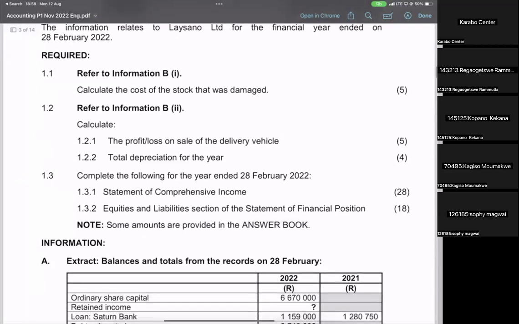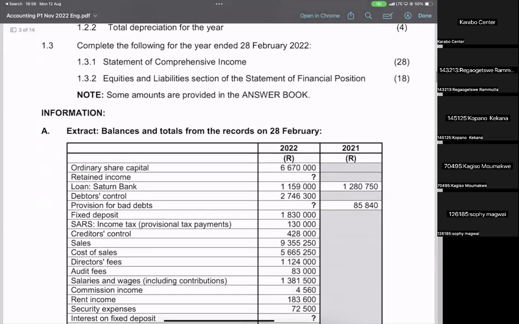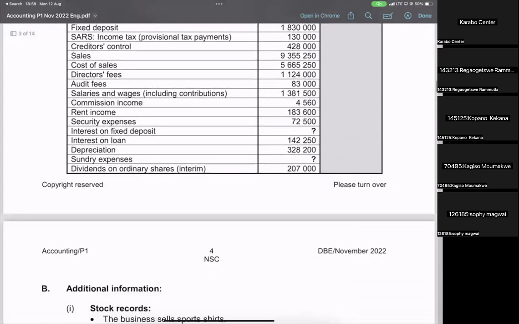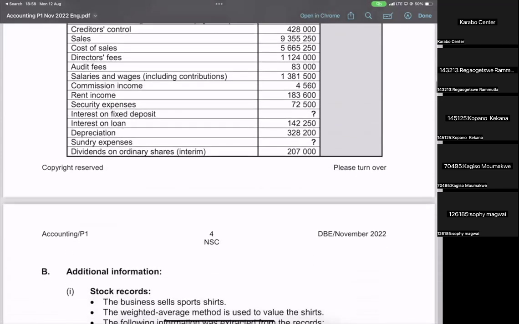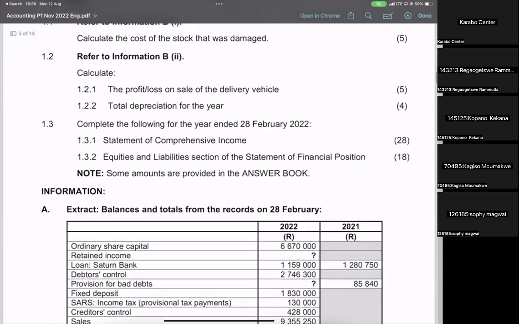What's happening with some of you? Can you please give me a thumbs up if you can see the question paper very clearly?